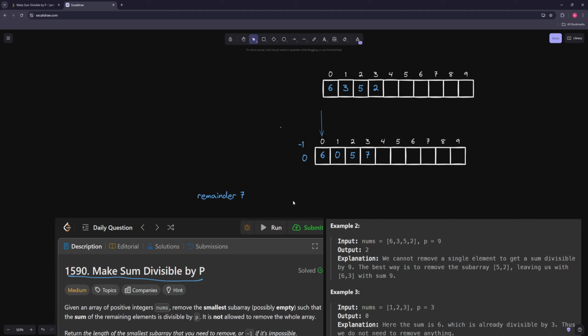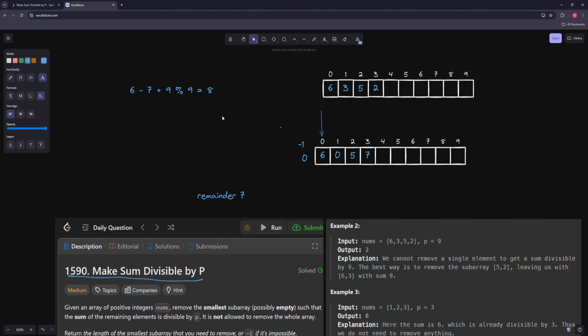So if we're trying to get rid of 7 and we had a 6, it's going to be what we have minus what we are trying to get rid of plus p, which is 9 in this case, mod 9. So this will be 8 mod 9, which is 8. So if we had 8, and you can think about it, if we had 8 and we add 6, then we get 14.